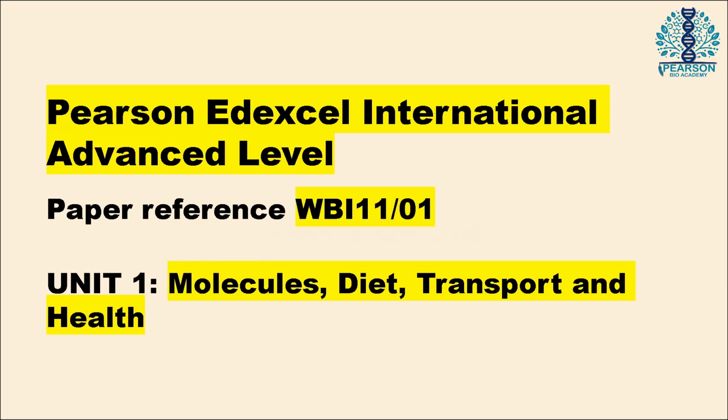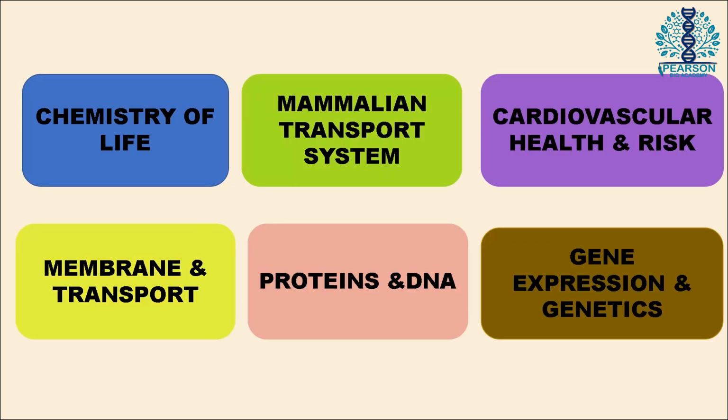Let's get diving. Today we'll be focusing on Pearson Edexcel International Advanced Level Paper Reference WBI 1101 Unit 1: Molecules, Diet, Transport and Health. So this is the course outline. If you have watched all my video series, then you can recognize it.